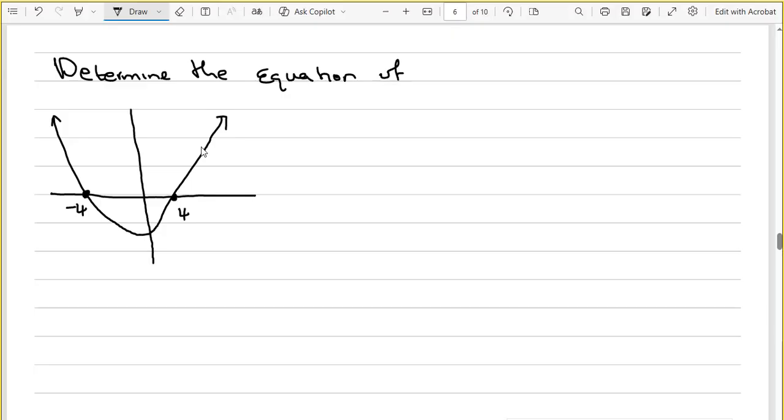They'll give you another point. Let's say the given point is (6; 10). Remember, if you are given the roots, those are the x-intercepts. So we're going to use the formula y is equal to a into x minus the first root into x minus the second root. Now you just have to substitute.